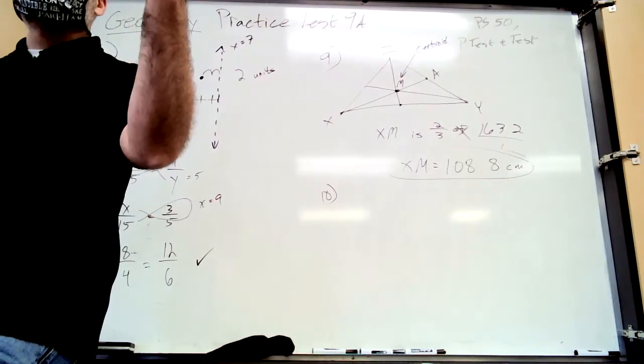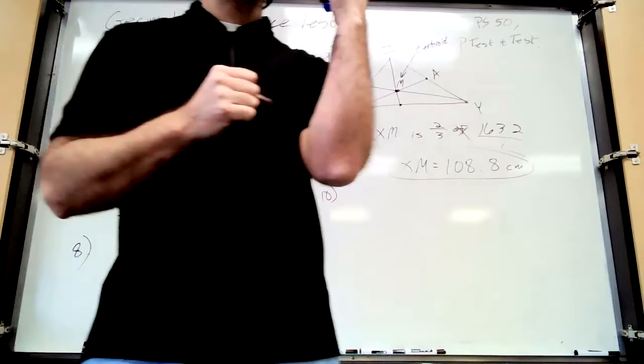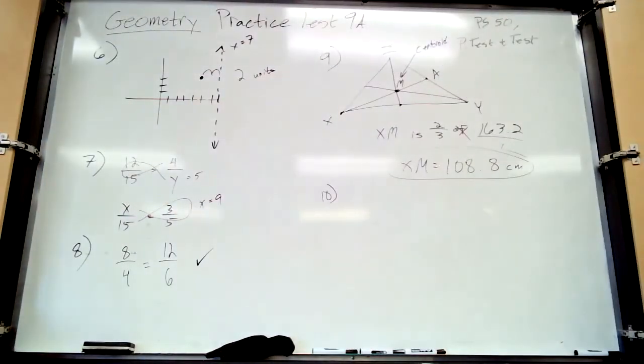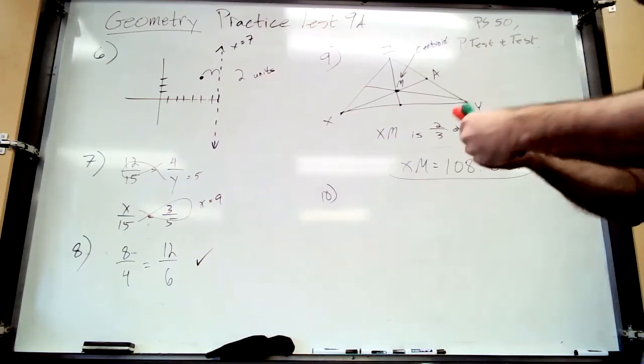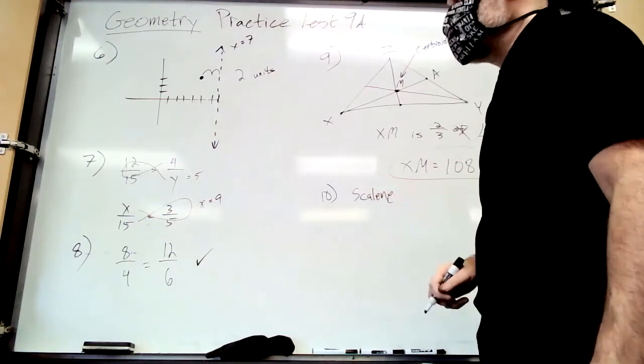Isosceles triangle has 2 sides of the same length, and the one where none of the sides are the same is scalene. So first of all, this is scalene, right? Because all 3 of the sides are different. So we can say scalene first, and we're half done. Half credit is achieved.